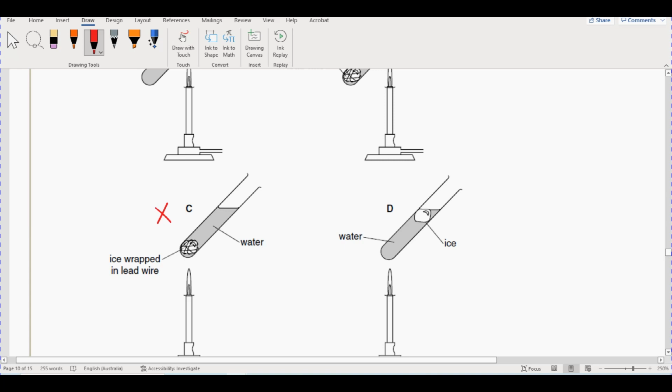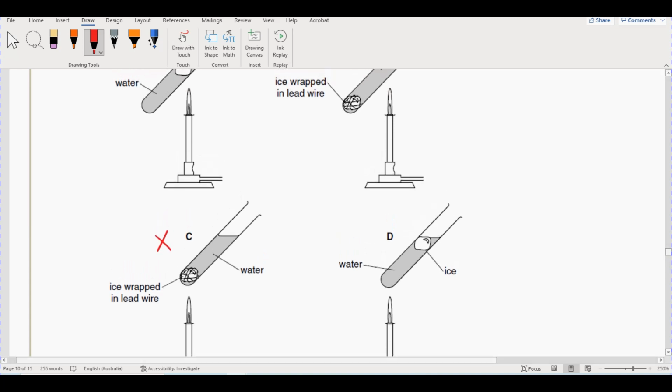How about D? We know this one here is colder and this part is hotter. And so the hotter current goes up and the colder current goes down. So you create a convection current, so you transfer the heat effectively. And so this one will take shorter time, so this one won't be the answer.